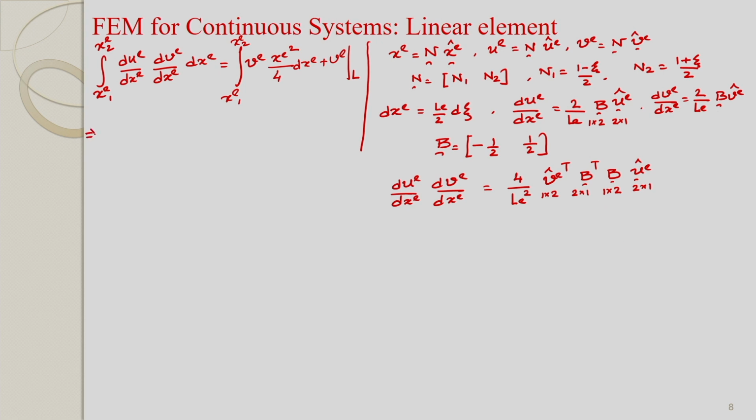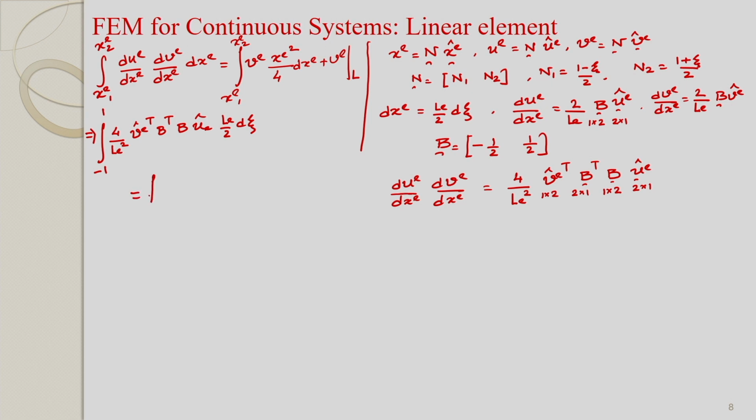So, this we can write 4 by LE square, and dxe is nothing but LE by 2 d xi. Now, we have expressed everything in terms of xi. So, in xi coordinate the limit is -1 to 1. So, this is about our LHS.